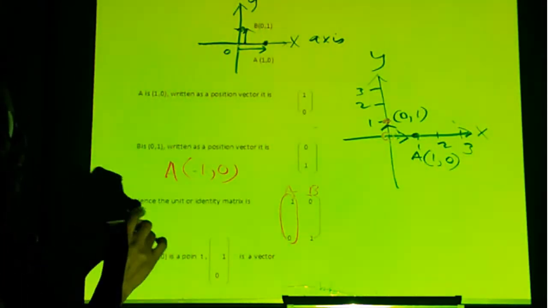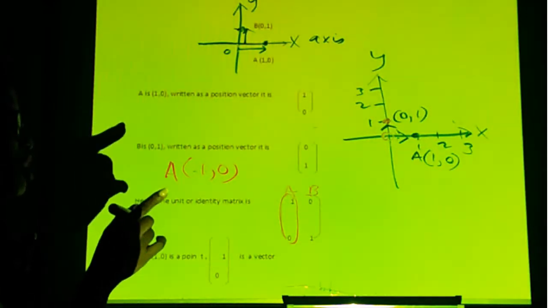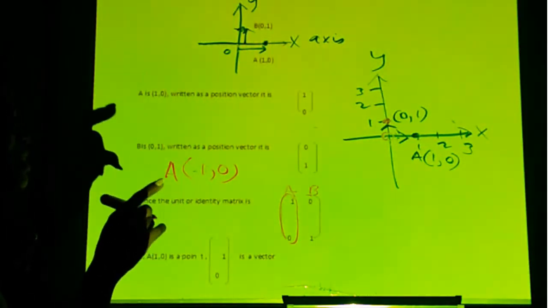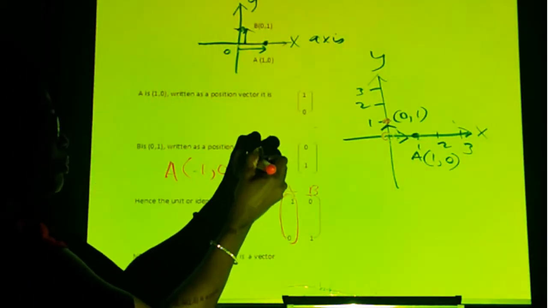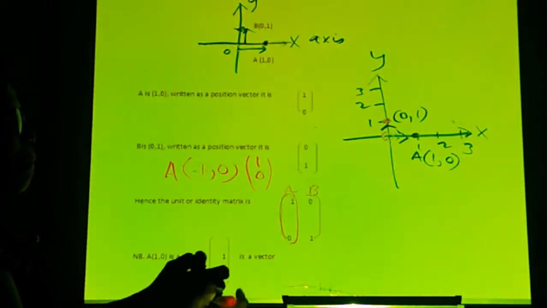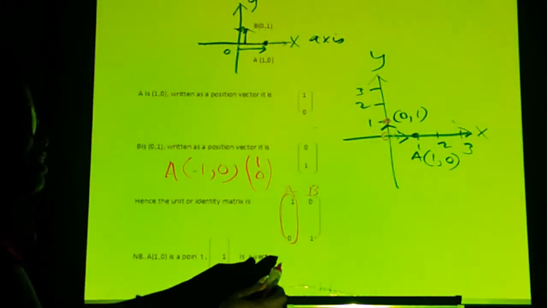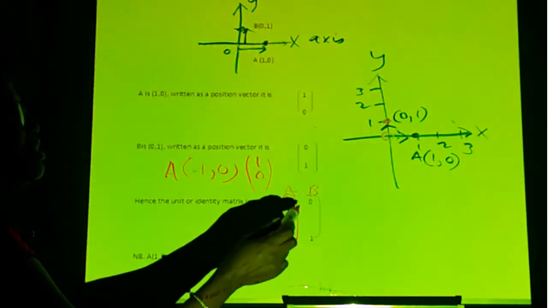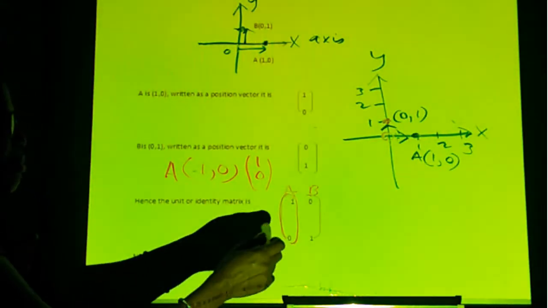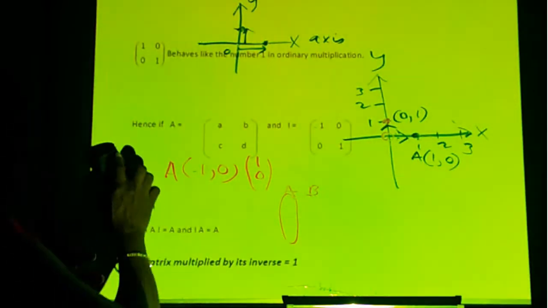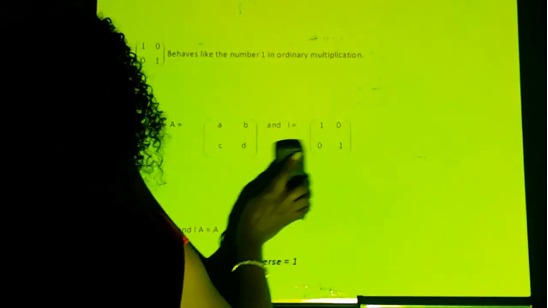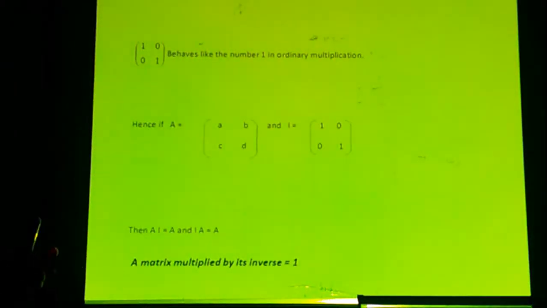But as a vector, as a movement or a direction, it has a length in a specified direction, and I would write it as a column. B is (0, 1), but as a column vector, it's written vertically. Put them together and we get what we call a unit matrix. So the matrix with 1, 0 and 0, 1 behaves as the number 1, as we said earlier on.